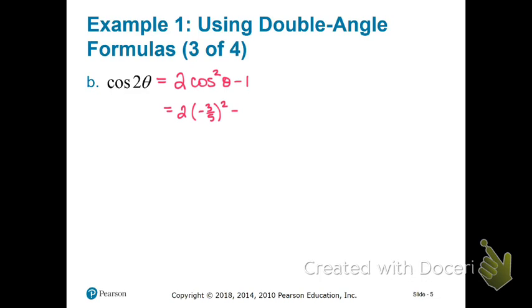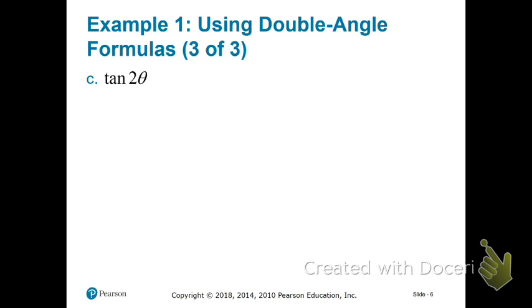We're going to square it and subtract 1. Remember, 1 is 25 over 25. And so we can get our answer that way.